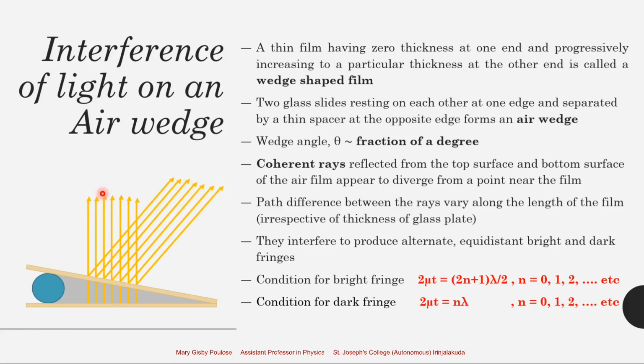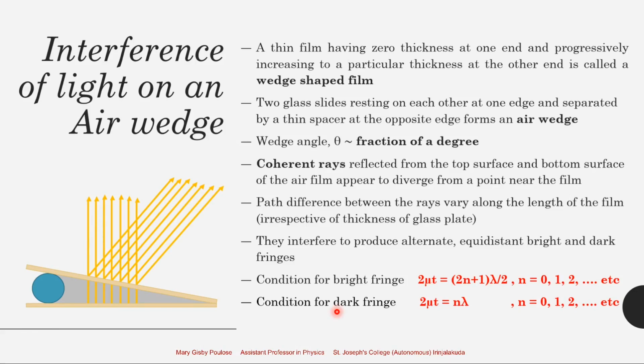So these two beams are slightly diverged from each other, and they appear to diverge from a point near the film over here. Now here, in the condition for constructive or destructive interference, the actual path difference is 2 mu t cos r.